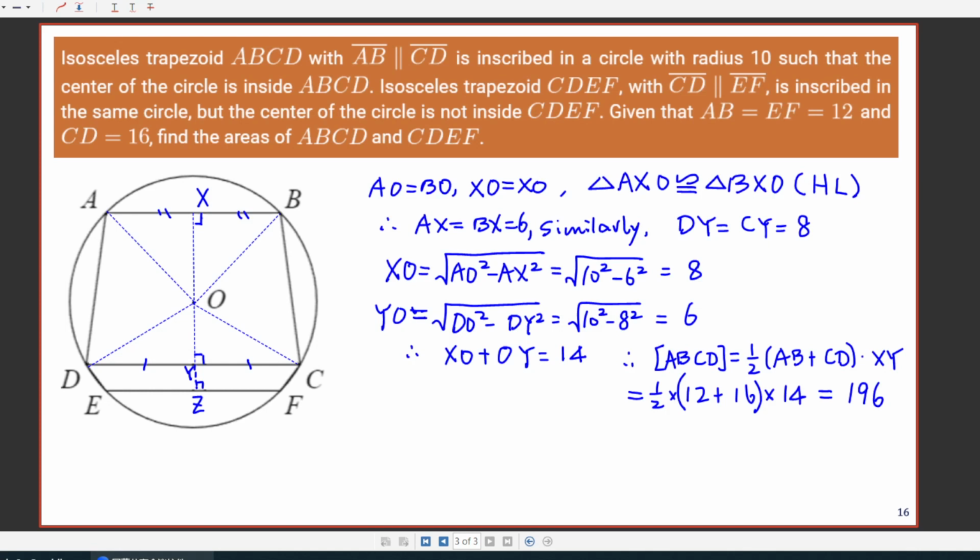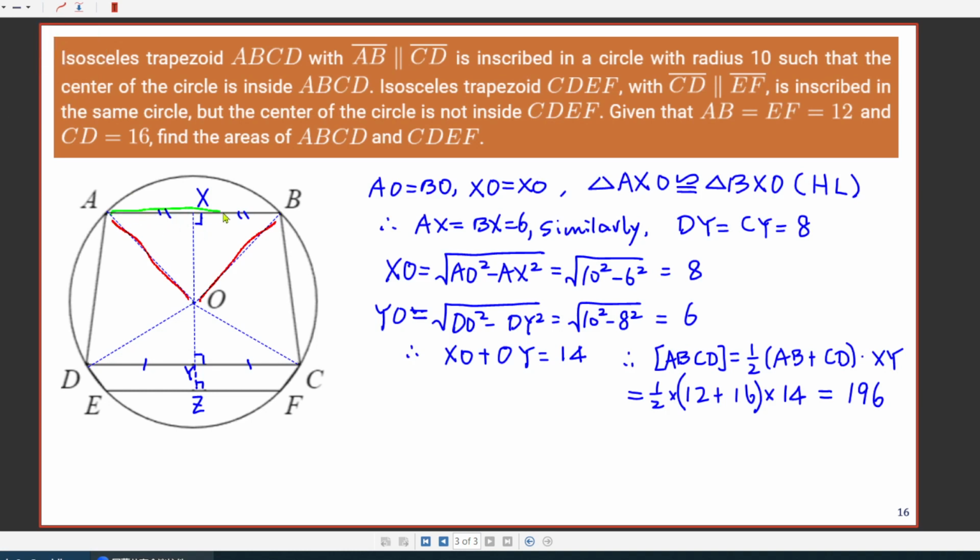Using a similar method, we can show that AO equals BO, and AB equals EF.